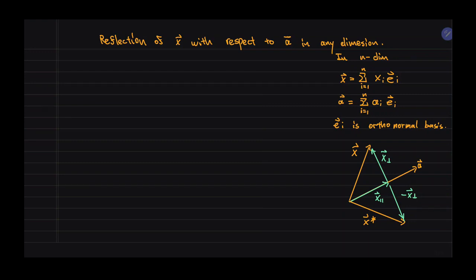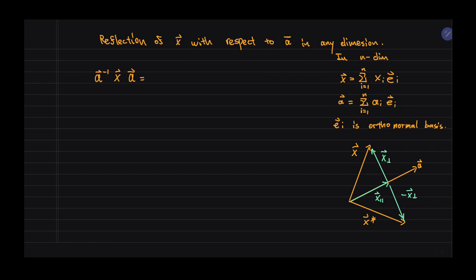Now I want to show you a more elegant expression to get the reflection of vector x with respect to vector a, like in this figure here. So let us start with: what about a inverse x a? That's a geometric product between them.